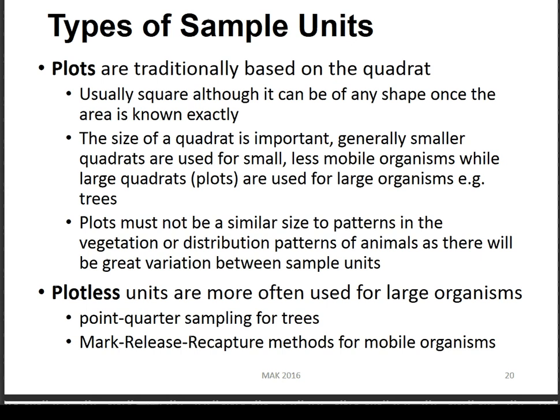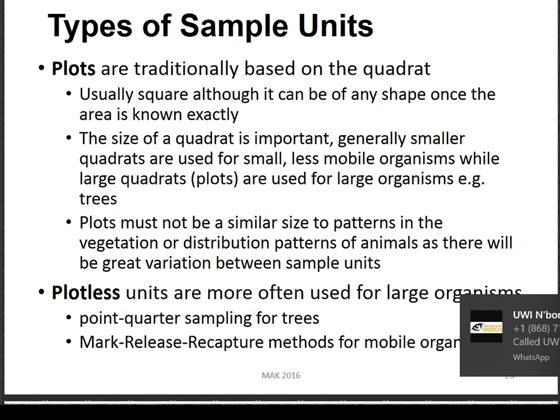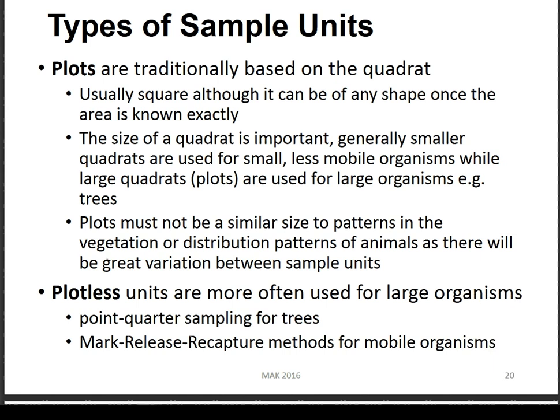Traditionally, they were based on a quadrat, which was a square shape, but they can be found in all sorts of shapes, although squares, rectangles, and circular plots are the most common.